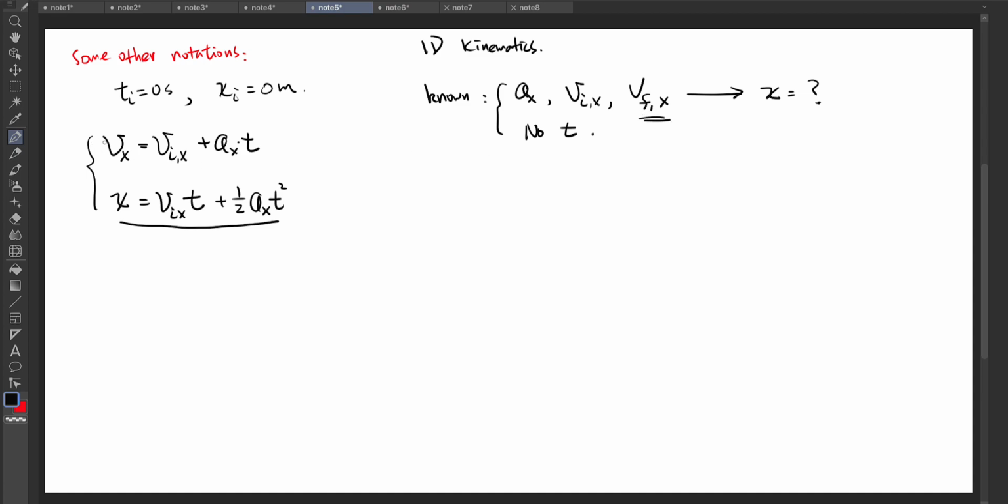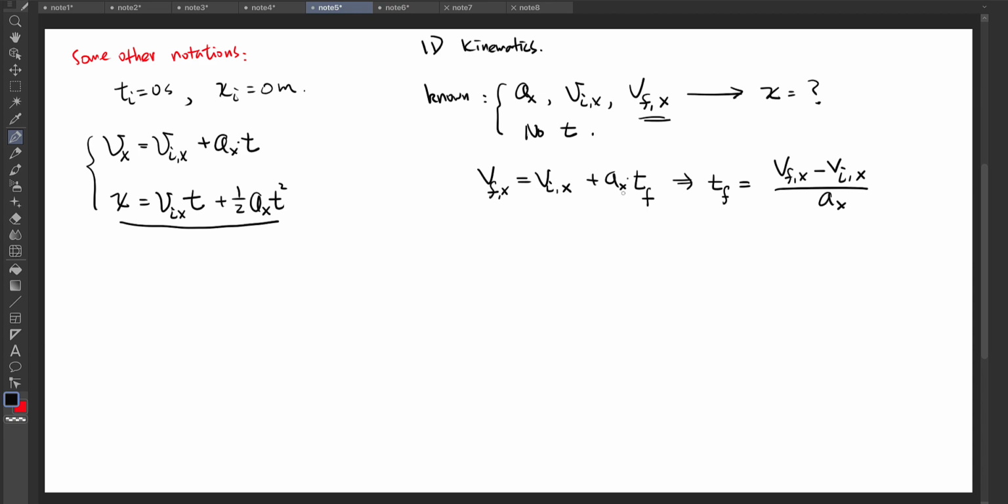Instead, I have to use this final. Okay, so how about using it to solve for the time? So let's start from here. So since I know v final equals v initial x plus ax times t, I can solve for this final time. This t actually corresponds to the final time. So t final equals v final x minus vi x over ax, right?